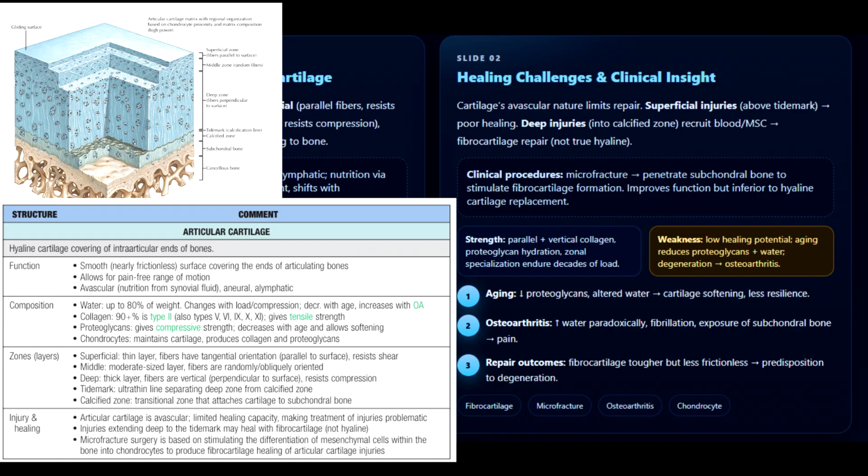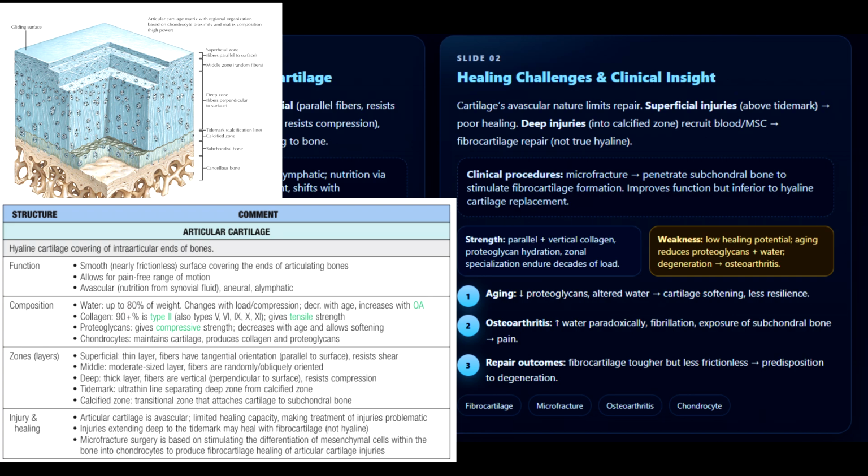In modern orthopedics, procedures such as microfracture surgery deliberately penetrate the subchondral bone, stimulating mesenchymal stem cells to migrate and differentiate into chondrocyte-like cells. This process aims to fill defects with fibrocartilage, improving function, though it is not a perfect replacement for hyaline cartilage.